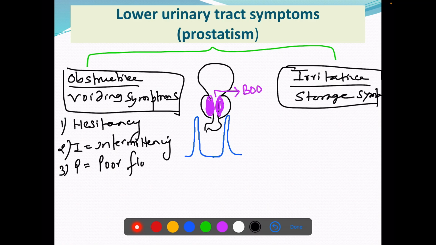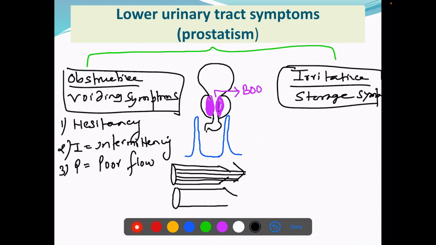Poor flow. Poor flow means it is a progressive loss of force of urine. Not only force but caliber, both. So suppose this is the penis. The patient will have very good flow previously, and they gradually start developing a very narrow flow.